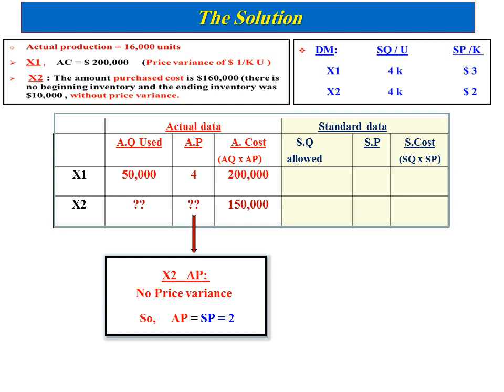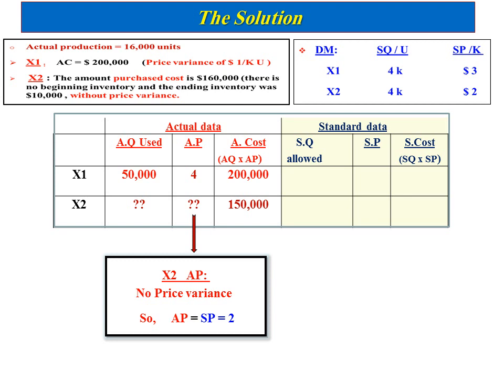For X2 there is no difference between actual and standard. I don't know the actual, but I have the standard. Don't forget, go to the top right-hand side, and you will find that the standard price for X2 is $2.